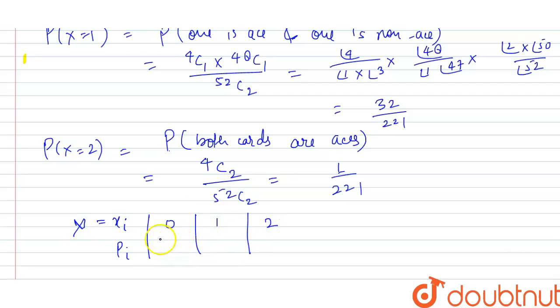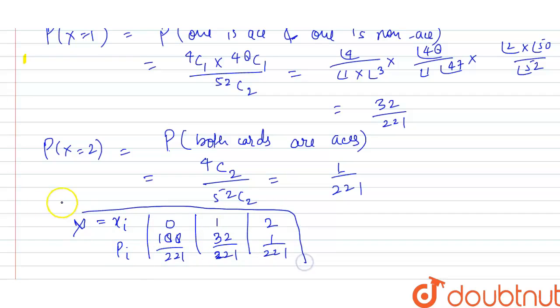For 0 it is 188 upon 221, for 1 it is 32 upon 221, and for 2 it is 1 upon 221. This is the table for the probability distribution.